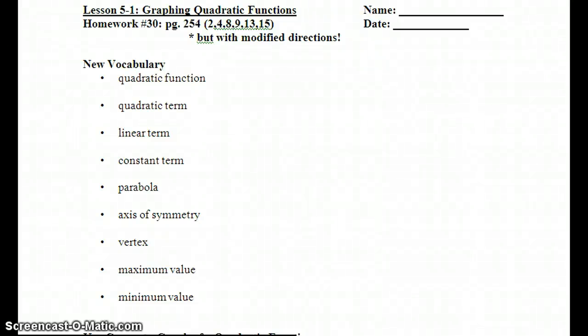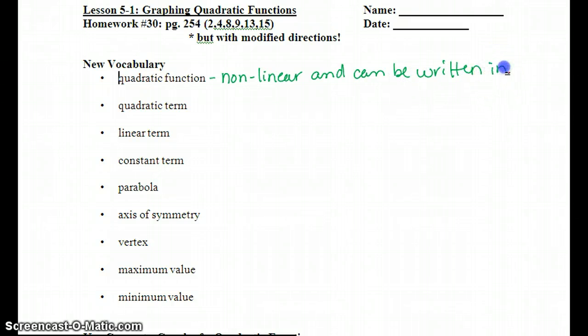Okay, today we're going to learn Lesson 5.1, which is graphing quadratic functions. The new vocabulary, let's just go through these pretty quick. A quadratic function is a non-linear function, which we've done all lines pretty much to this point, and it can be written in the form f of x equals ax squared plus bx plus c.